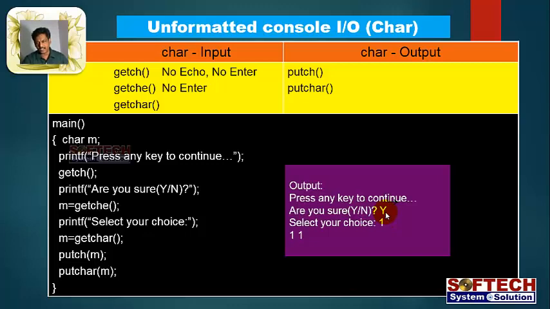It displays on the screen, that is echo, but no enter. For getche, get character with echo. The e is a representation of echo. Getche displays the character on screen, but we don't need to press the enter key.